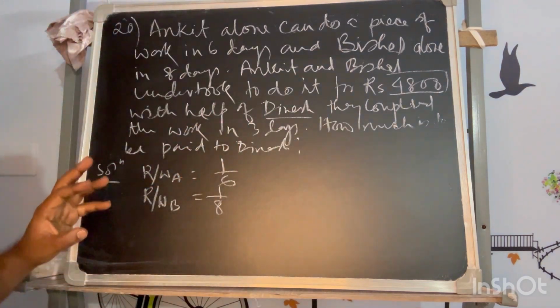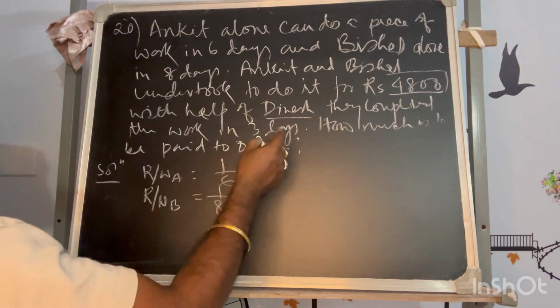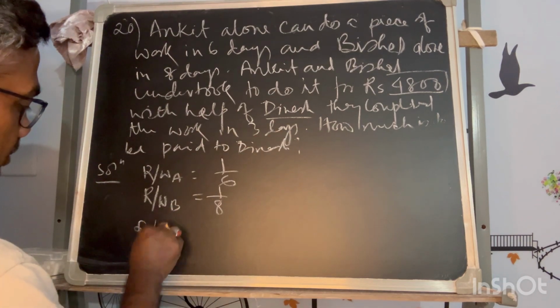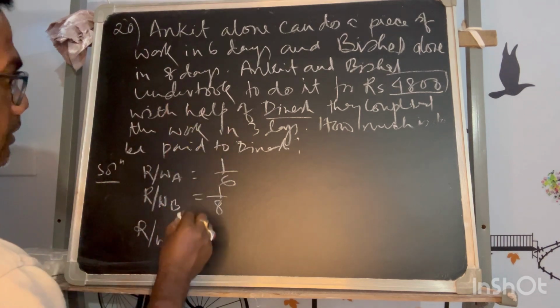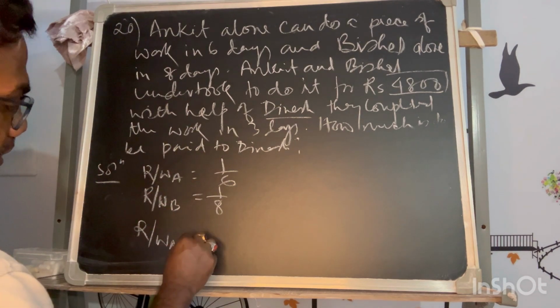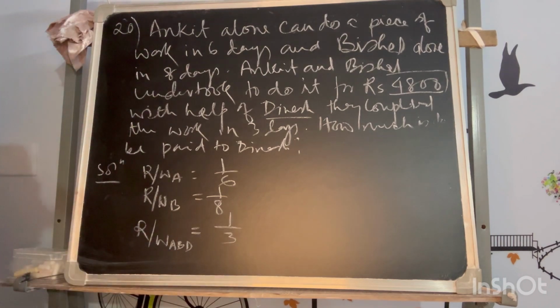So when Dinesh has come, they can complete it in 3 days. With the help of Dinesh, Ankit, Vishal and Dinesh, all three will work. Their rate of work is 1/3.